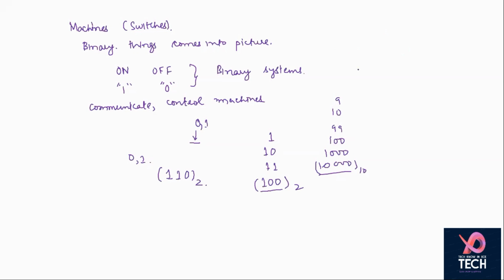Suppose you have an overall voltage range of 5 volts, and you assign 0 to 2 volts as 0, and 3 to 5 volts as 1. So you have assigned these levels. These are binary levels. Why are we dealing with this? Because we are interested in working with machines.